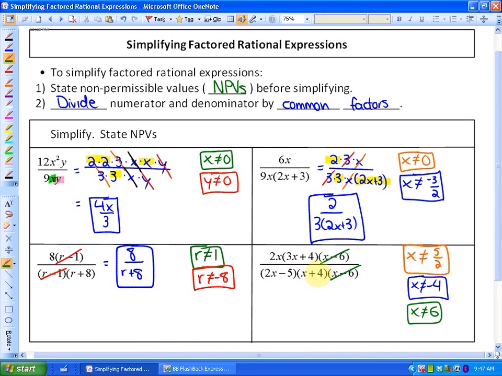Those are totally different factors, even though the 4's are the same. The binomials are different in and of themselves. So in this particular case, the simplest form is 2x times 3x plus 4 all over 2x minus 5 and x plus 4. And that is indeed the simplest form.